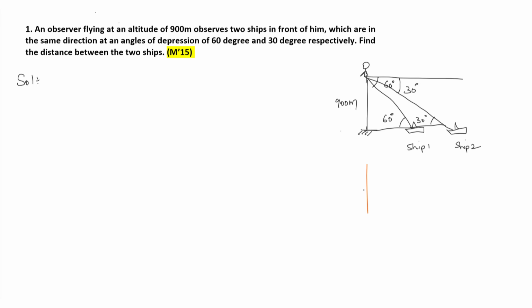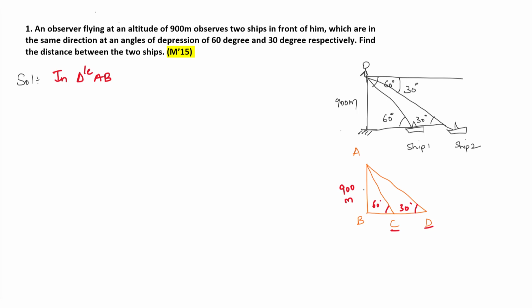Now giving letters to the diagram, that is ABCD, it looks something like this: A, B, C, D, where our C and D is our ships and AB is 900 meter. This is 60 degree and 30 degree. In triangle ABD, tan 30 is equals to opposite.